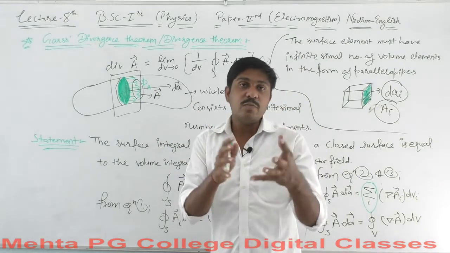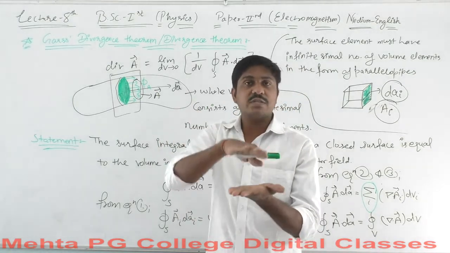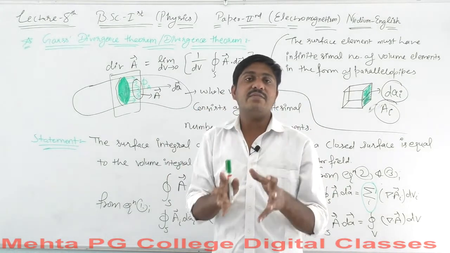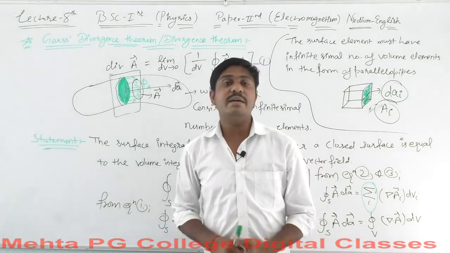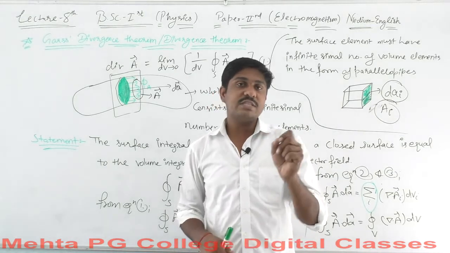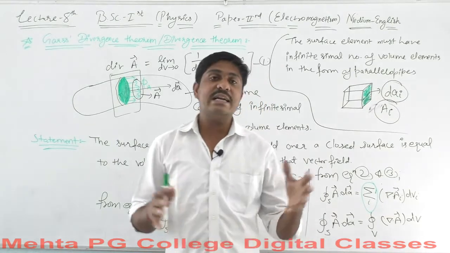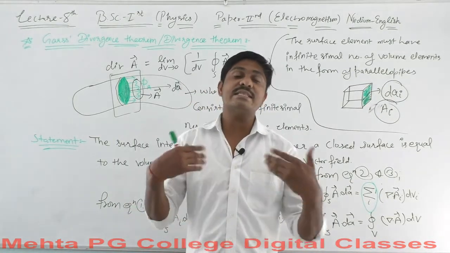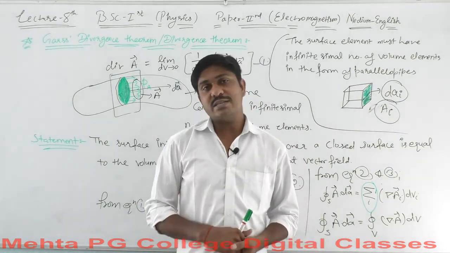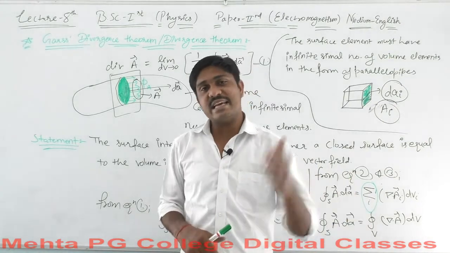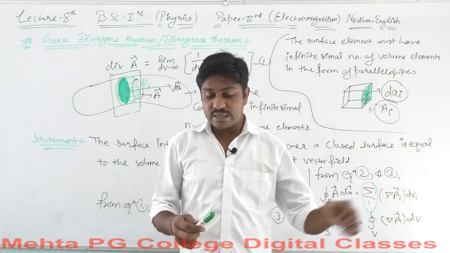But for a volume element, you cannot justify a single direction there. So when you cannot justify a single direction, the quantity should be considered a scalar quantity, not a vector quantity.